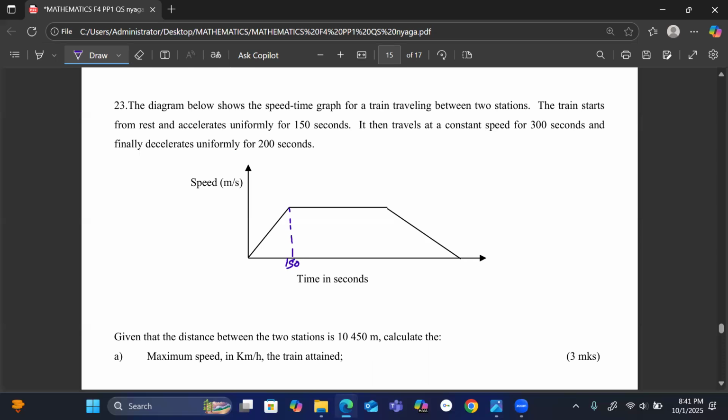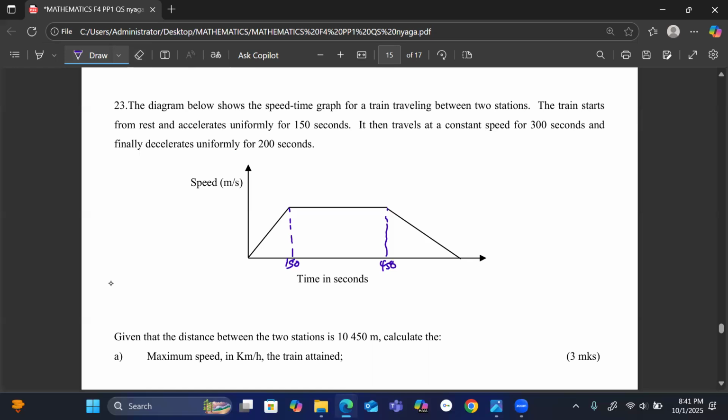Then they're saying it travels at a constant speed for 300 seconds, so plus 300. Here we shall have 450 seconds.